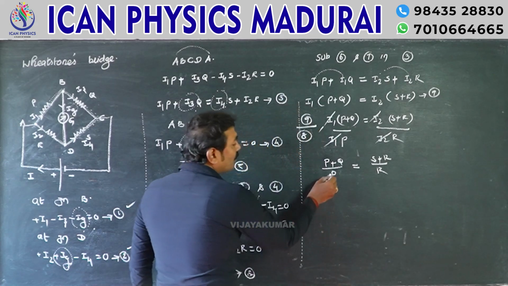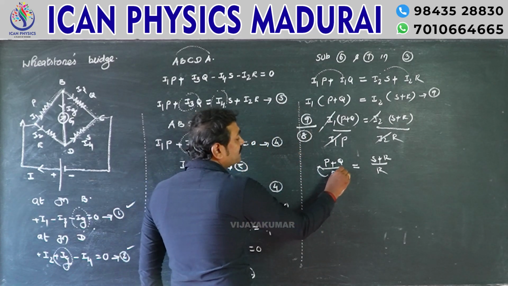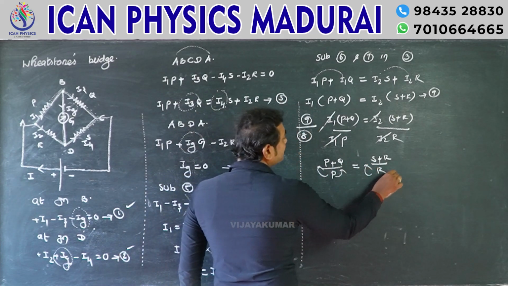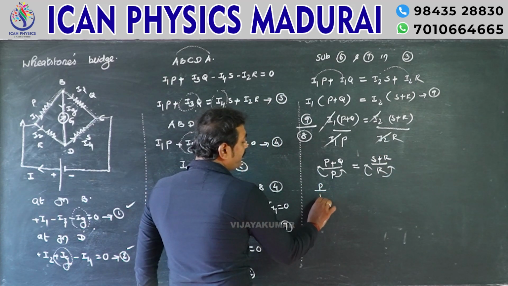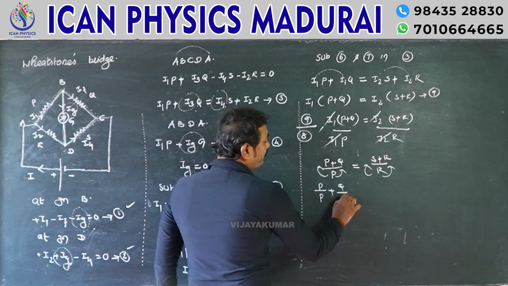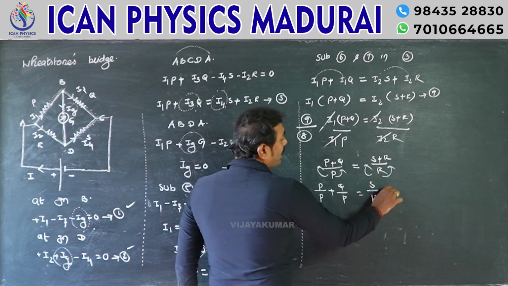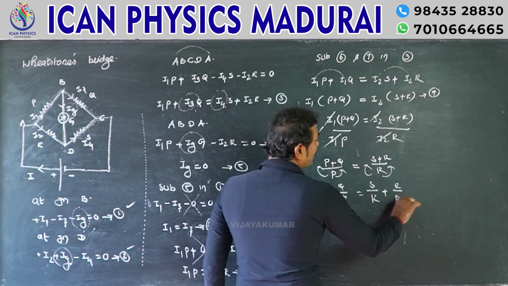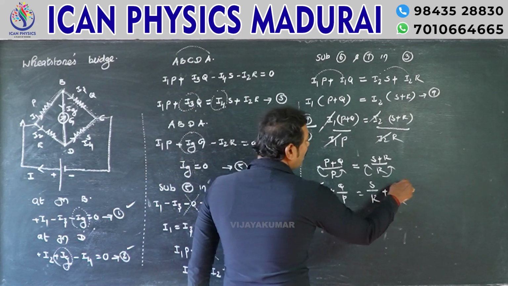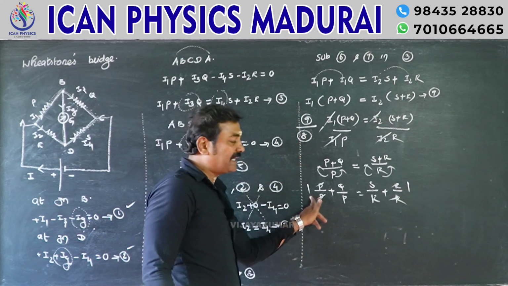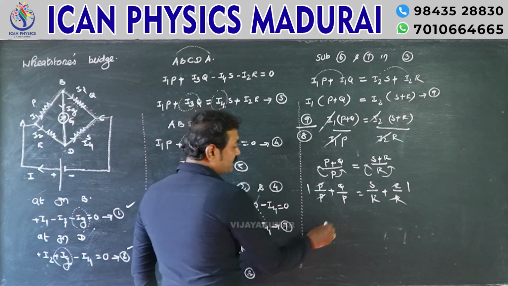The P is common to the first term and the second term. The R is common to the first term and the second term. So it becomes P by P plus Q by P equal to S by R plus R by R. Now P getting cancelled, R getting cancelled. The plus 1 goes to the right side as minus 1.